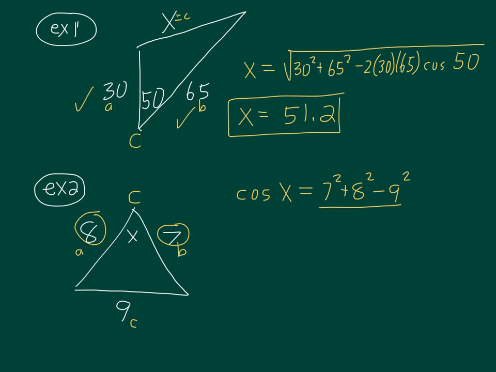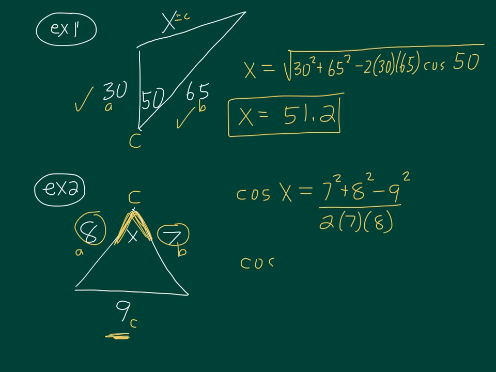If you're going to get it wrong, it's going to happen in that first step in the numerator somewhere. You need to make sure you're using the two sides that are sandwiching, surrounding the angle that we're trying to find. That has to come first, and then you're subtracting the side across from that angle. The denominator says 2 times ab.